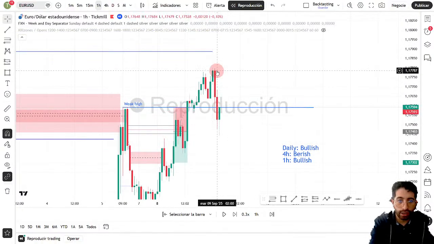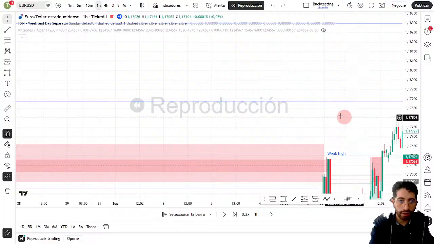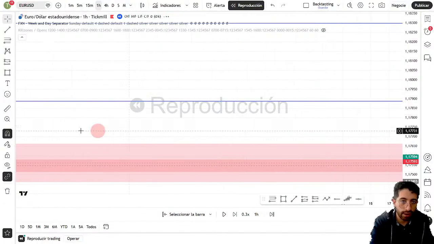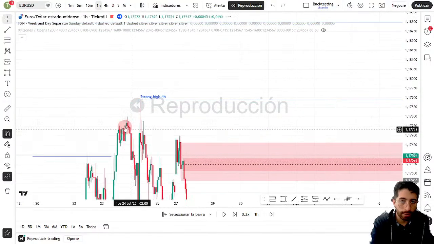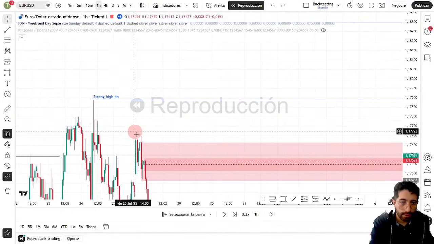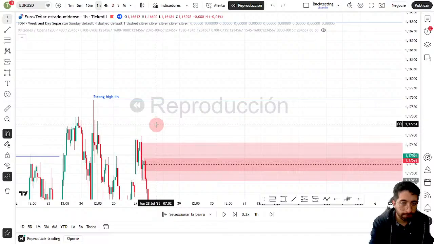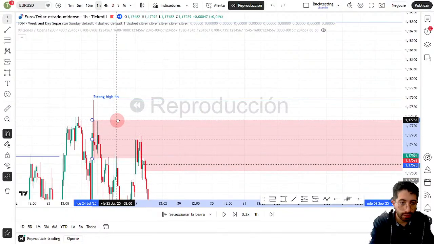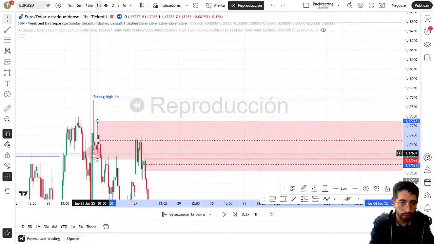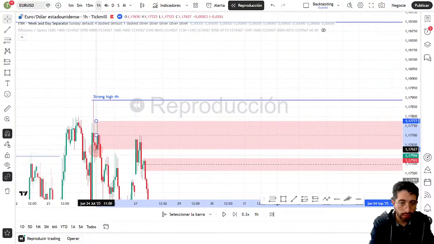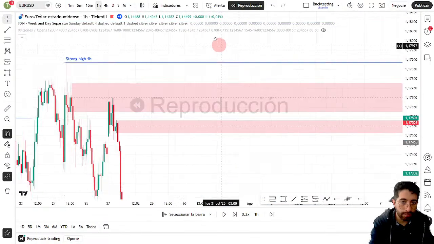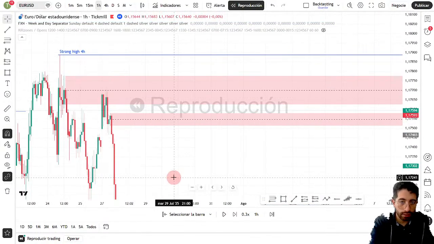Now the price got a reaction even higher right here. Why? Because maybe in 1 hour time frame here it was an order block. Yep, here is, look at it. It's this one. Even though it had already been mitigated, look right here.